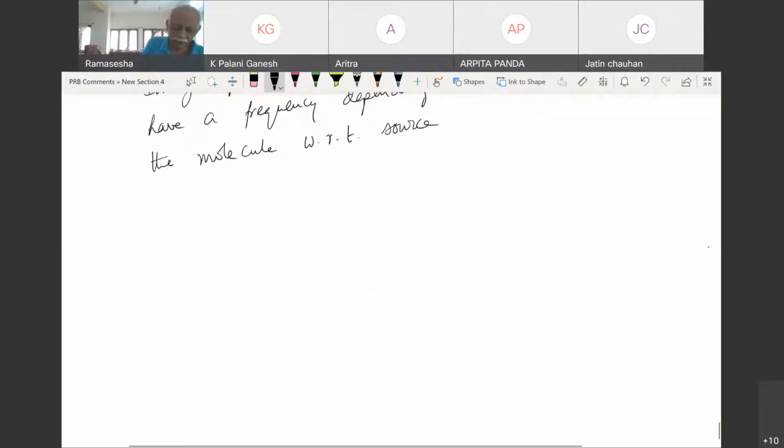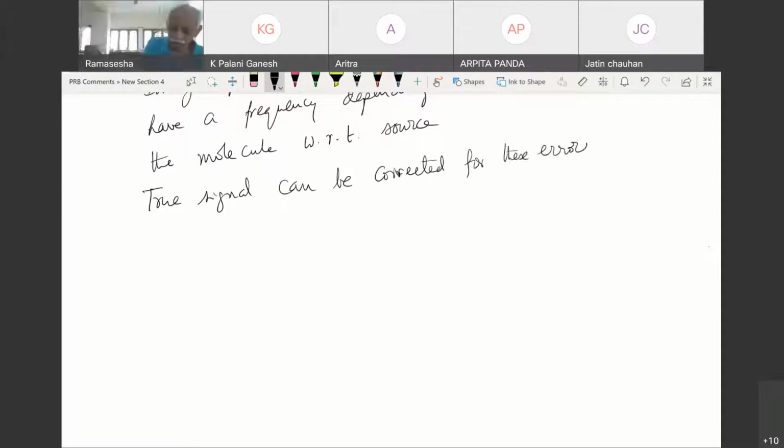So this can be corrected, because the Doppler shift depends on the speed of the molecules. Speed of the molecules, you know, in the gas phase, and from the temperature, you know roughly what the shift in the frequencies will be, and so what will be the kind of function that you need.